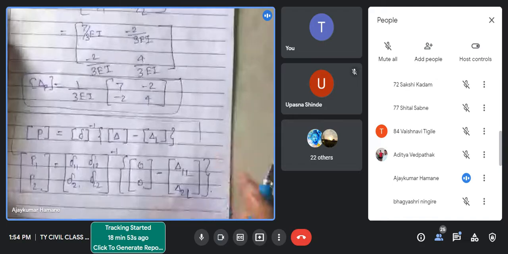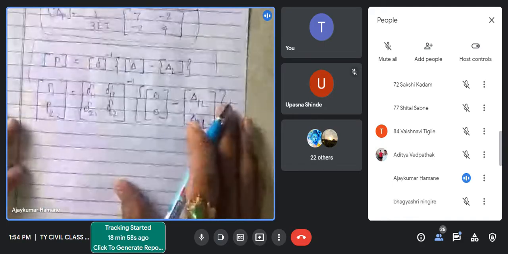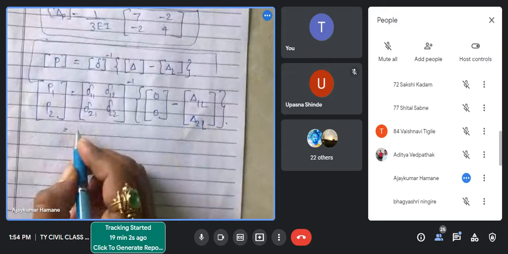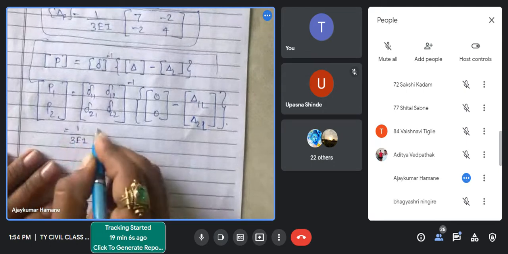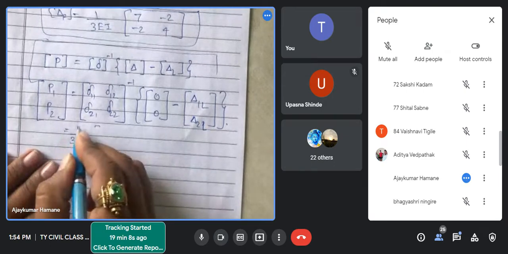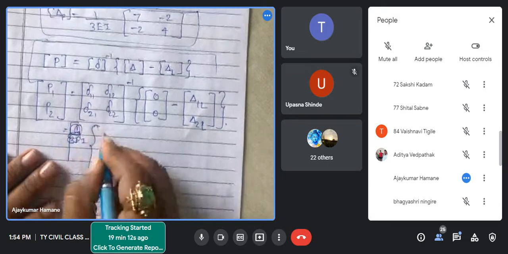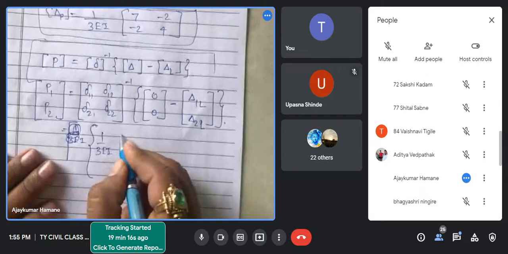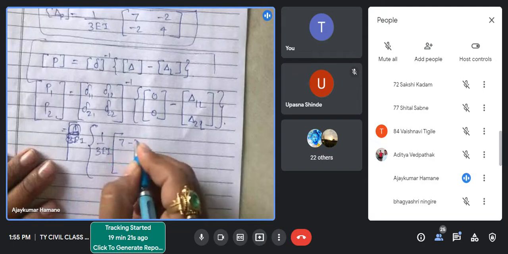correct, and now we are finding out the forces. Now I'll put this one, 1 upon 3 EI, and here we have 7, minus 2.